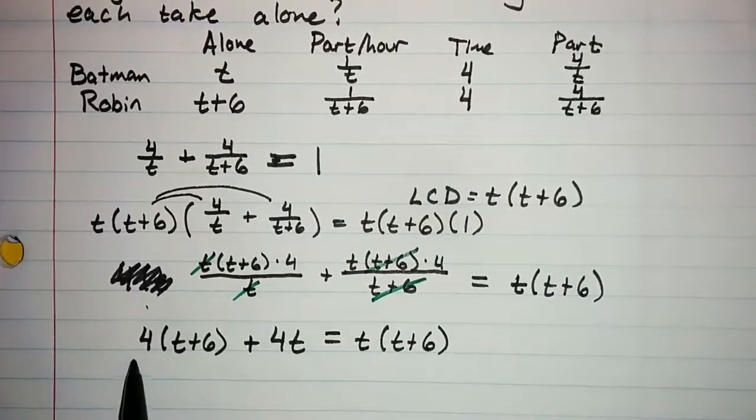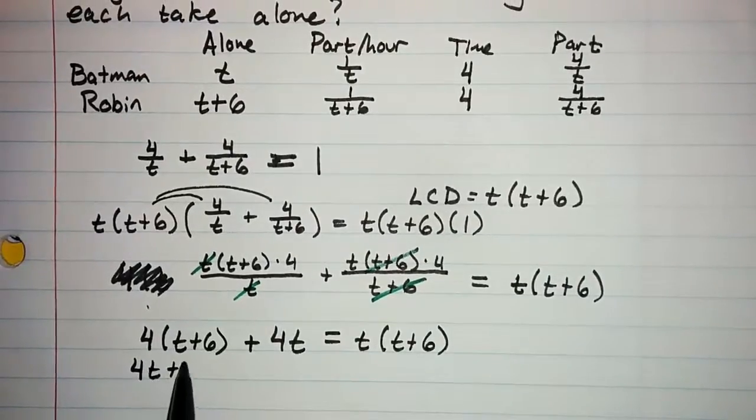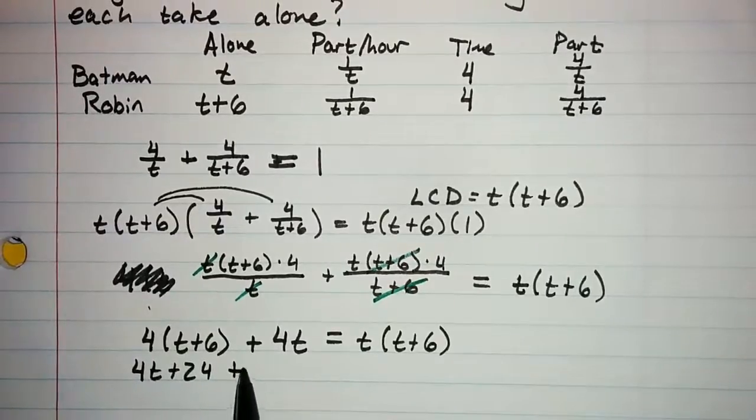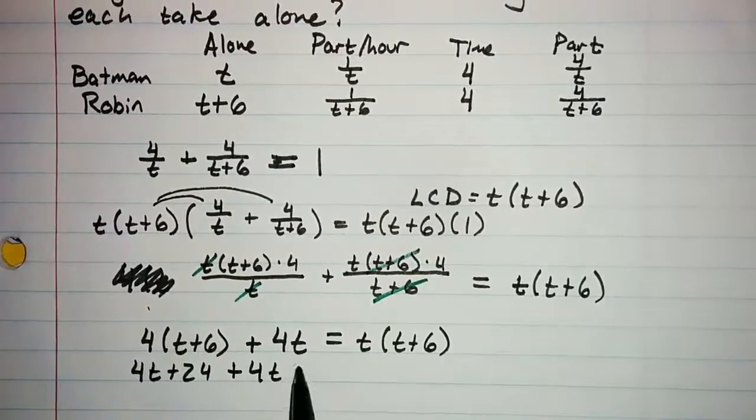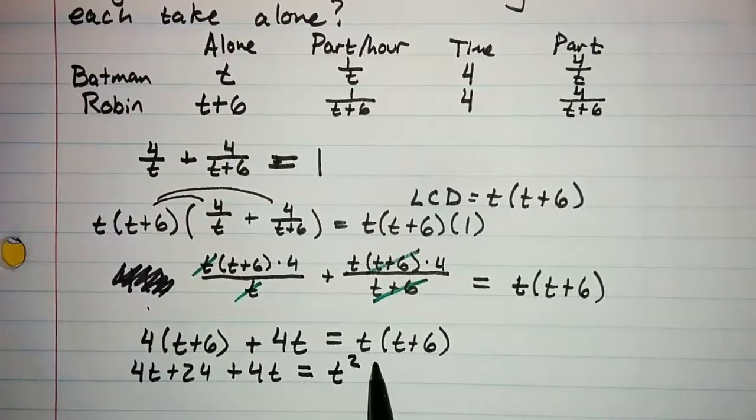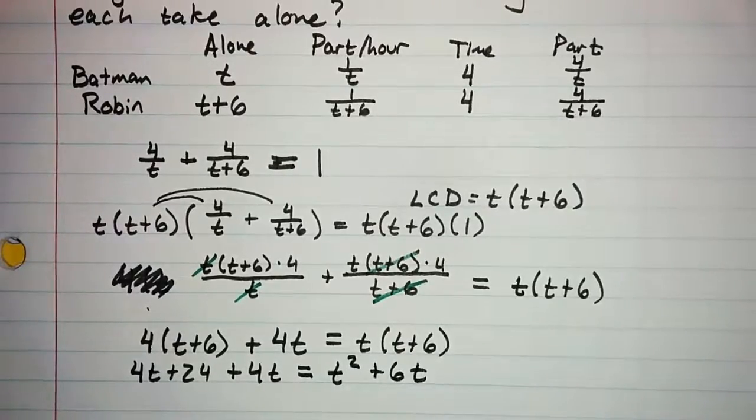Multiplying these out, 4T plus 24 plus 4T equals T squared plus 6T. This is a polynomial equation. In order to solve it, I need to get one side to be 0.